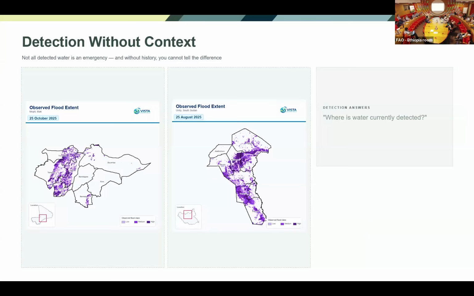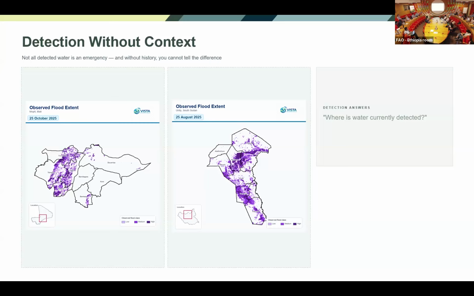So this is a couple of simple examples of this type of phenomenon. These are two satellite-derived data sets from VIIRS covering Mopti province in Mali on the left, and Unity province in South Sudan on the right.